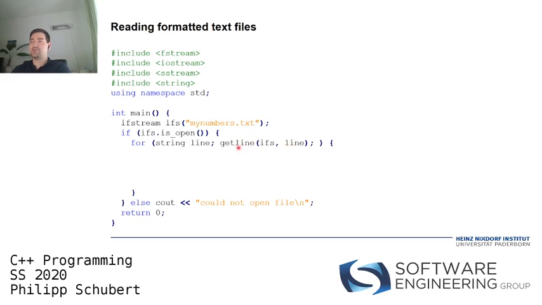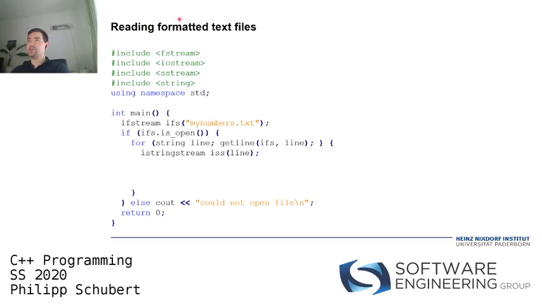This is the condition of the for loop, of course, that is evaluated. And then we have a third part of a for loop where we usually do some action, so we increment some loop counters or whatnot. But in our case, we don't have to do that because getline will automatically evaluate to false once the end of the file has been reached. So this would be another, maybe even more convenient way than using the while loop to read a file line by line.